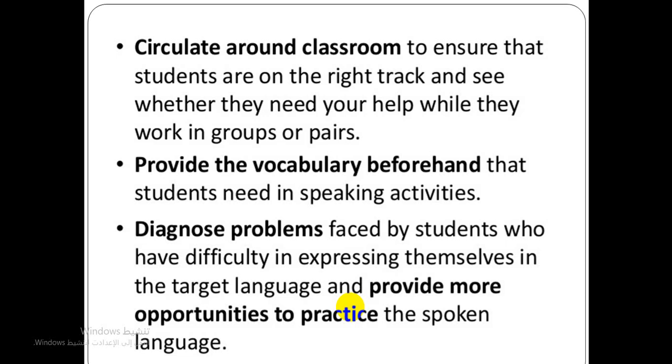Teachers should provide the vocabulary beforehand that students need in a speaking activity. Also, teachers should diagnose problems faced by students who have difficulty in expressing themselves in the target language and provide more opportunities to practice the spoken language.